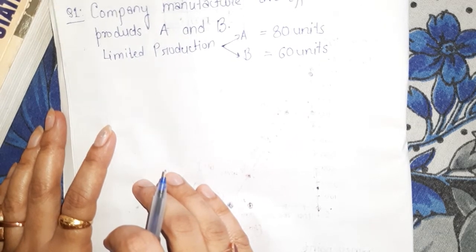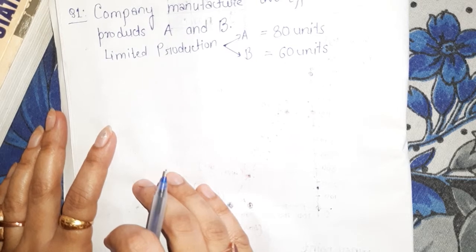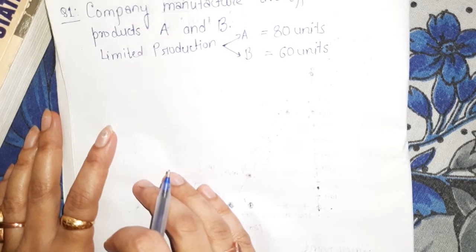Production of each of these products requires 5 units and 6 units of electronic components respectively.